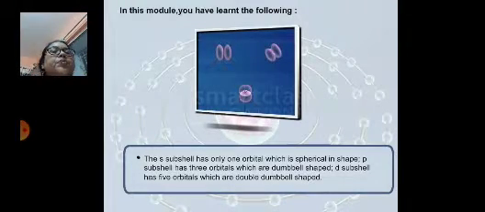So the s subshell has only one orbital, which is spherical in shape. The p subshell has 3 orbitals, which are dumbbell-shaped, and the d subshell has 5 orbitals, which are double dumbbell-shaped.